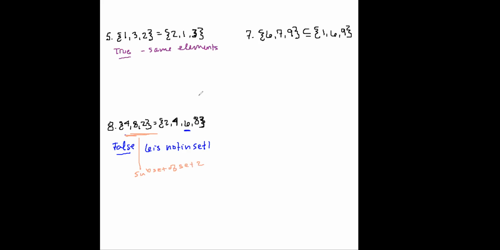I could also say the intersection of both sets is 2, 4, and 8. Exactly. Perfect. And the union of both sets is 2, 4, 8, and 6. Yes. So there's a lot of things that we could say about these sets. It's just that we can't say that they are exactly equal.